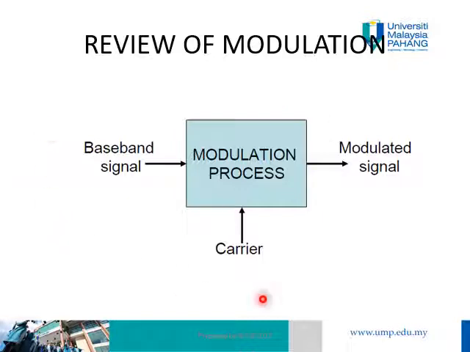So this block diagram shows general process of modulation. What is the input? The input is the carrier signal and baseband signal, and the process will result in modulated signal as the output of the modulation process.